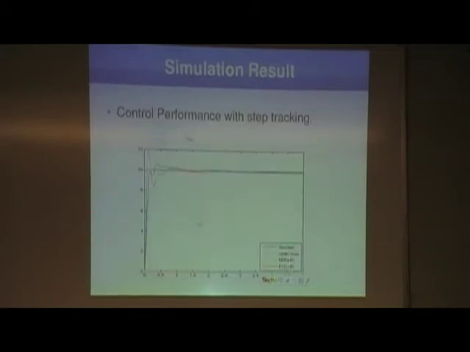To make a comparison, here the x-axis is time and the y-axis is roll angle. The roll angle basically means turn left or turn right. Here I give a command of, say, 10 degrees, turn left 10 degrees. If we want to turn left 10 degrees, we don't want overshoot. We just want to get to 10 degrees as quickly as possible, with not so much overshoot.